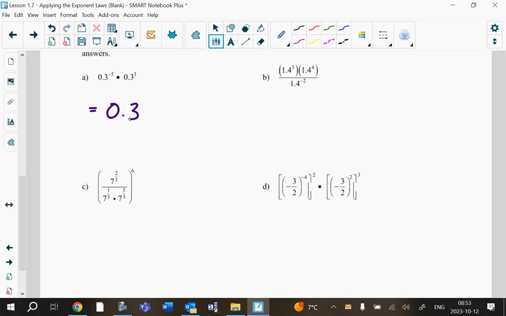Negative 15, negative 2. I've got a negative exponent. I have to change it to positive. What does it look like? 1 over 0.3 to the power of 2. Because remember, you just move it down. And if there's nothing left up top after you move negative exponents down, there's a 1 there.